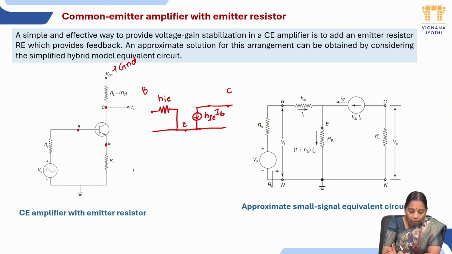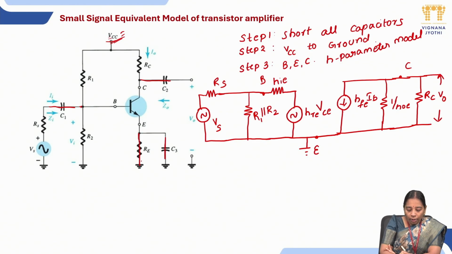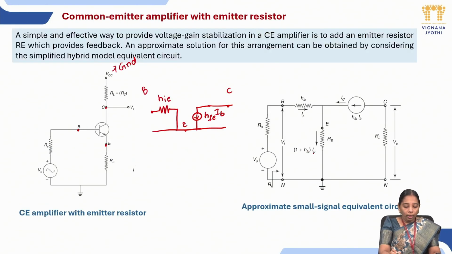As previously we connected the emitter directly to ground, here we have a connection over here, meaning the emitter is connected to RE. So now we will connect this emitter to RE and this RE is connected to the ground terminal.